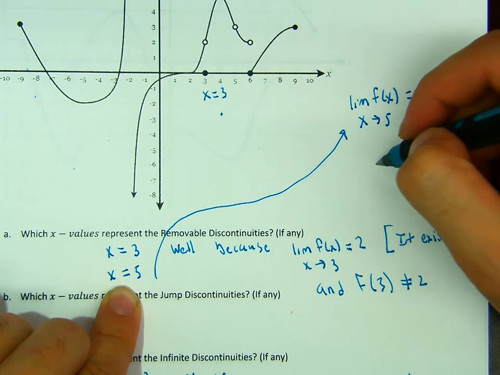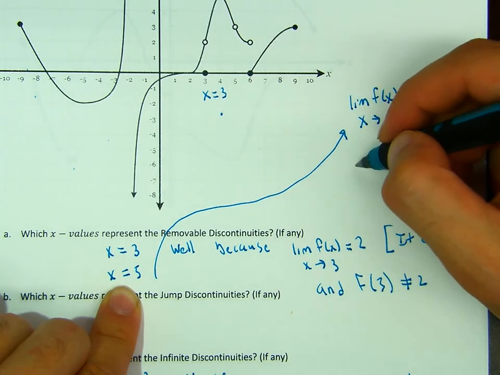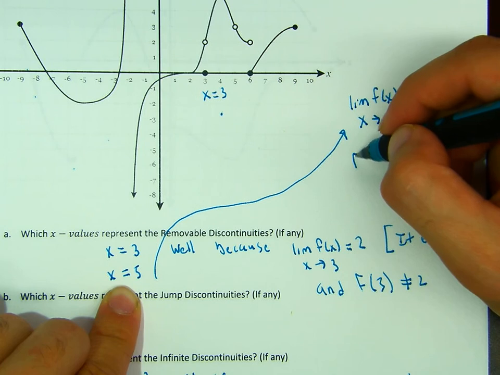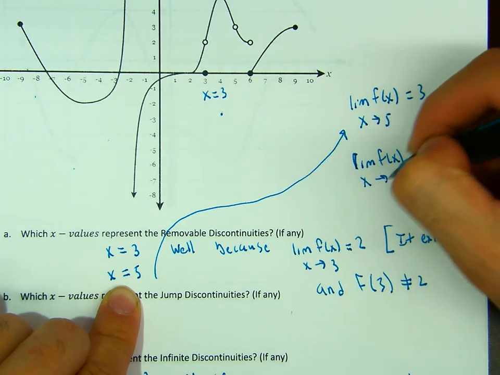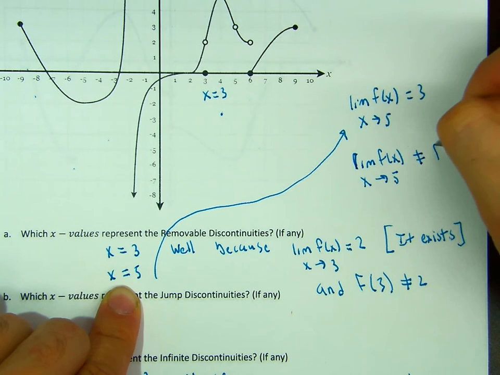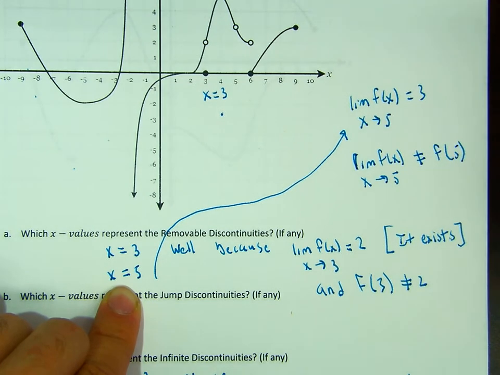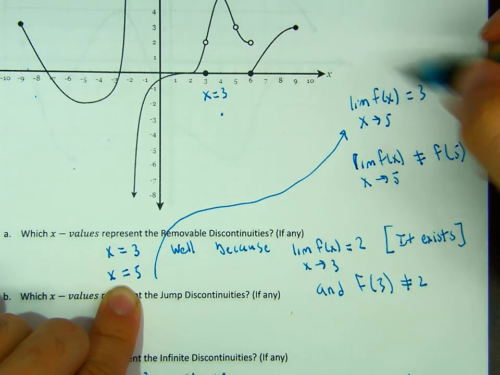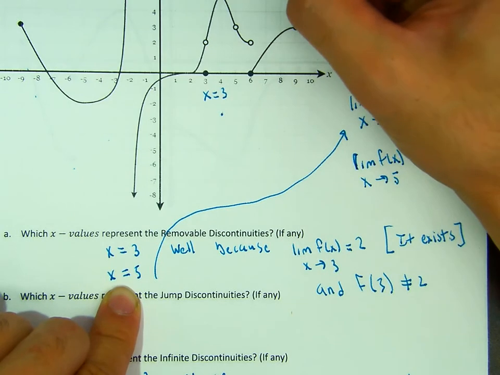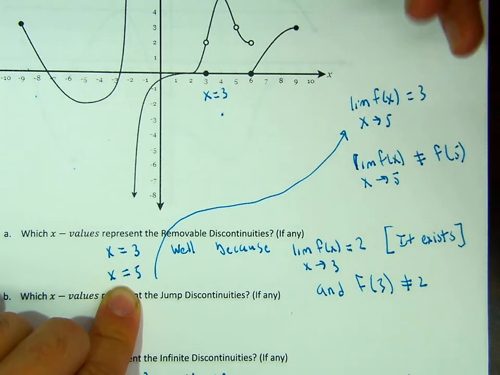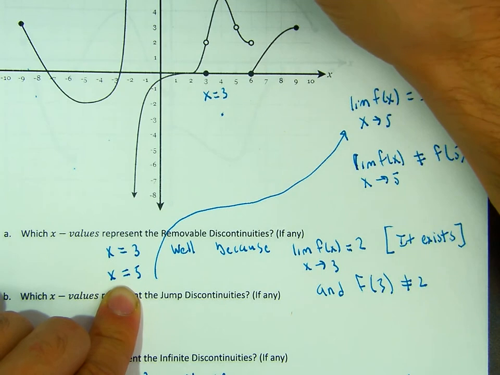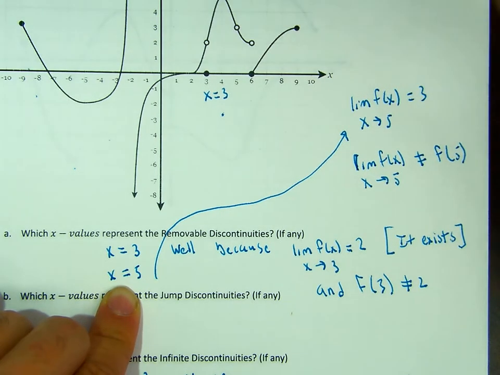But notice that the limit of f of x as x approaches 5 does not equal f of 5. Because what is f of 5? F of 5 is undefined. There is no y value.